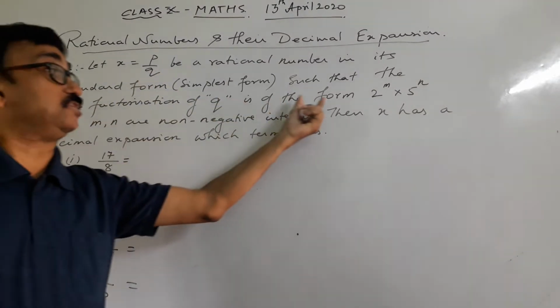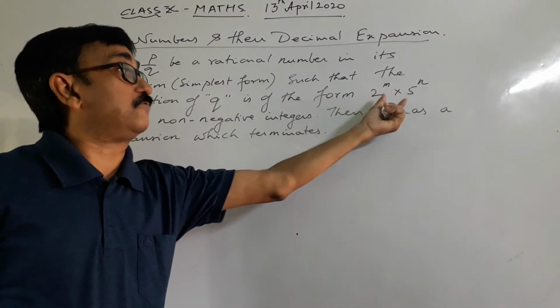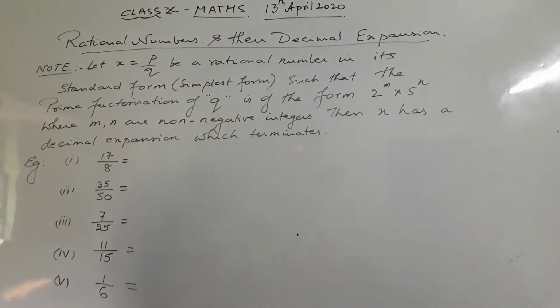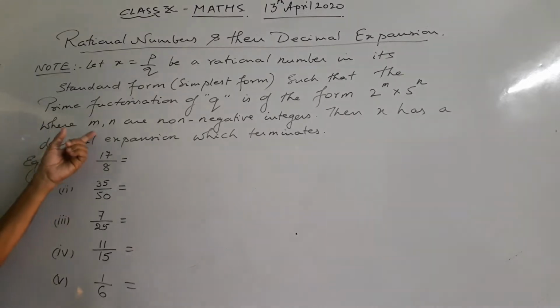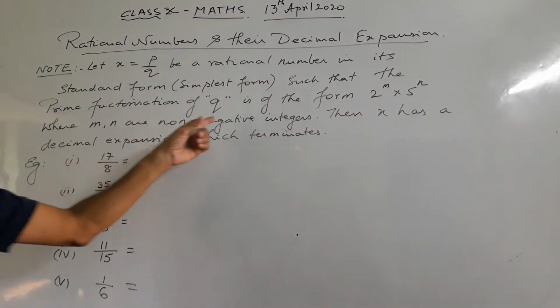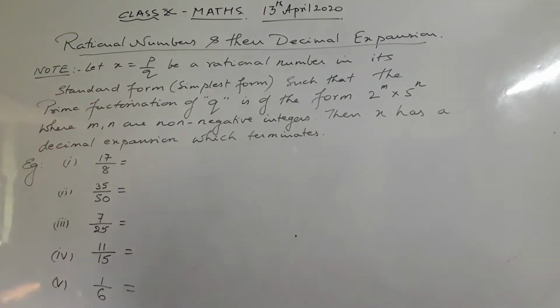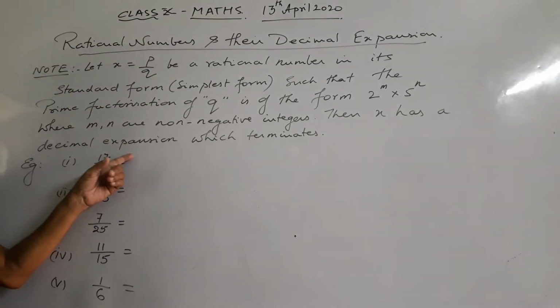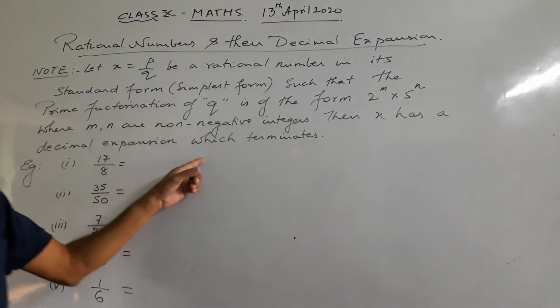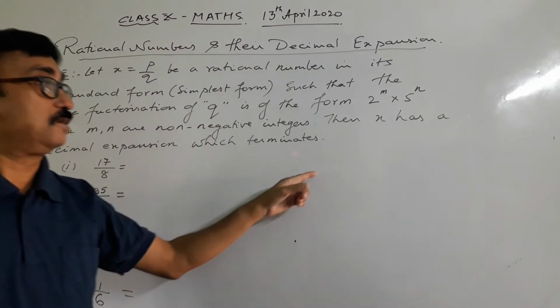It must be in the form of 2 to the power m into 5 to the power n, where m and n are non-negative integers. Then x has a decimal expansion which will terminate.